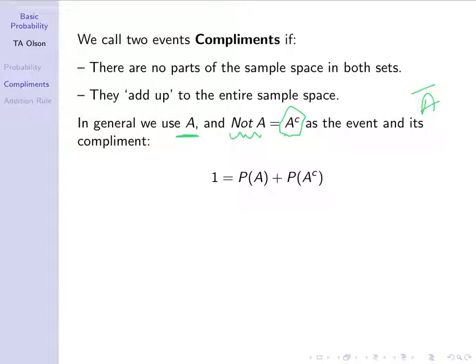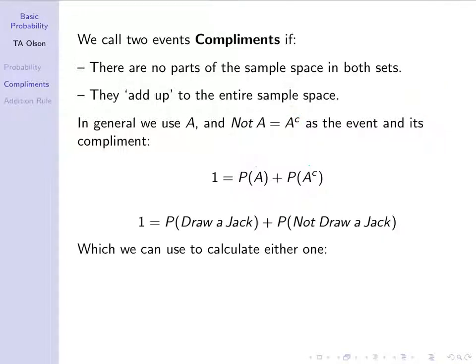And so in general, our entire sample space, either an event happens or that event does not happen, or the complement. Either I draw a 2 or I do not draw a 2. Either I draw a jack or I do not draw a jack. So if we have information for either one of these things, we can use it to calculate the other.